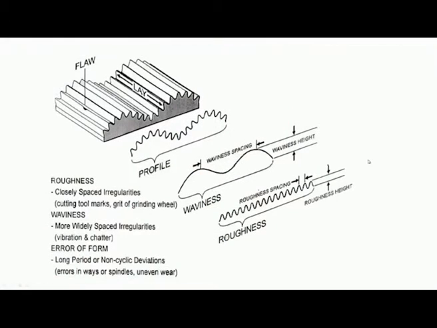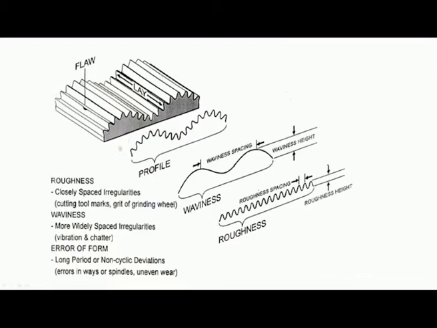Now we can see all those terminologies in this diagram. This is the total profile, which consists of the waviness of the surface, micro irregularities, micro asperities, valleys and peaks, as also the taper and drum shape or barrel shape.